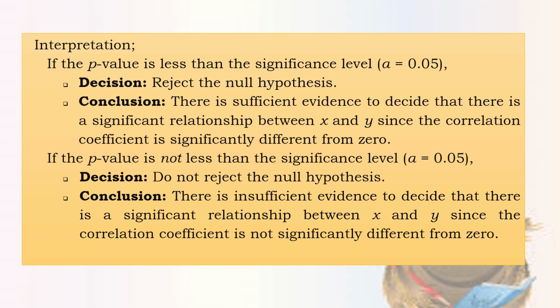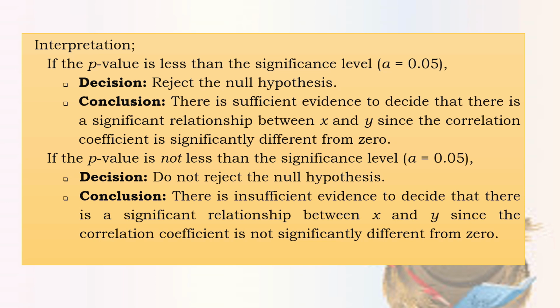If it is not less than the 0.05 significance level, then the decision is to not reject the null hypothesis. In other books, instead of do not reject, they say accept the null hypothesis.